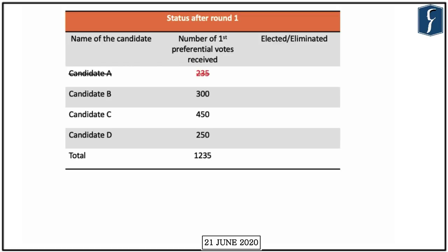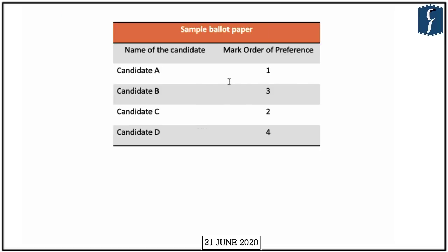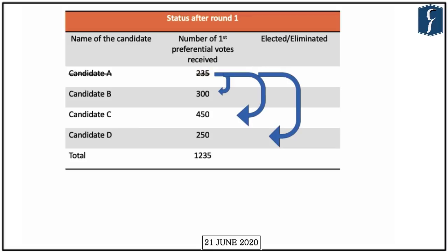And how does this transfer take place? Because these 235 people have placed candidate A on their first preference. And see, all those people who voted candidate A as their first preference, what was their second preference? So for example, in this case, the second preference was C. And hence transfer takes place in proportion of the second preference votes received by the other 3 candidates in those ballots.